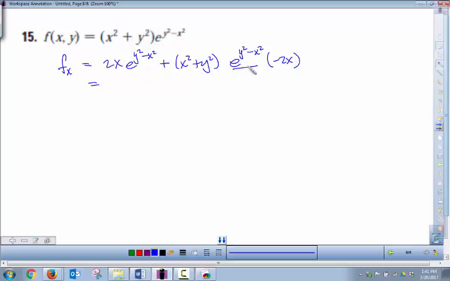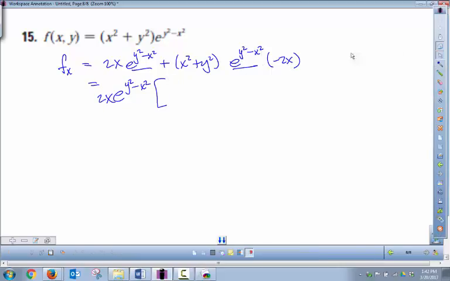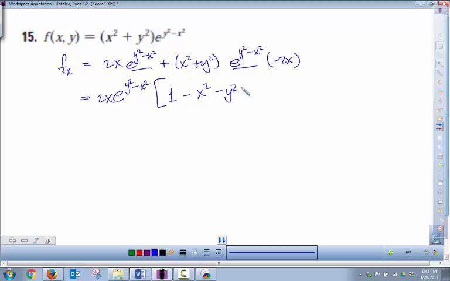We have e to the y squared minus x squared that we can factor out. 2x. Where? 2x. In here? No, outside. Oh, yeah, the 2x. So 2x out here? Yeah. Minus x squared y squared.